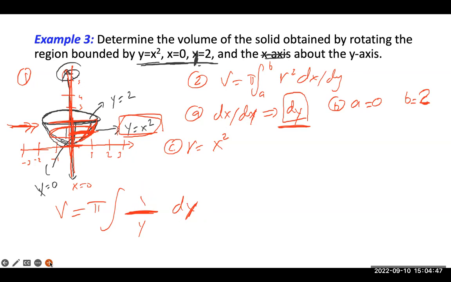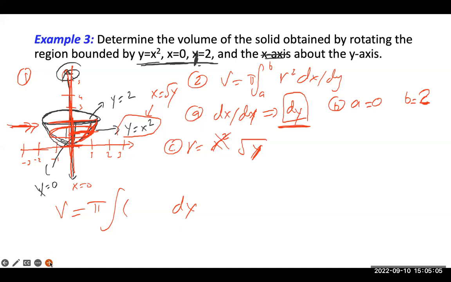The way that we fix it is we say, okay, our radius is going to go to y equals x squared, but another way of writing that is x equals square root of y. So our radius is actually going to be square root of y. And that's what we put over here.